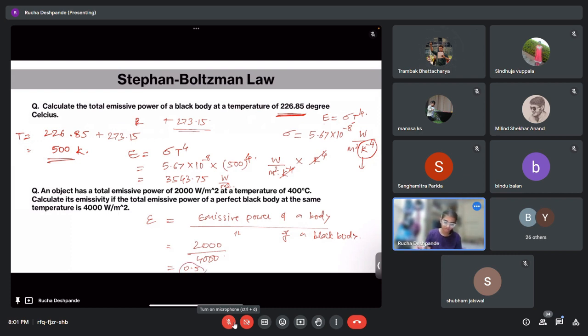Ma'am, answer is 0.5. Yes. The value of the temperature doesn't matter, but the temperature of the given body and the black body should be the same in order to compare. So it's 0.5.